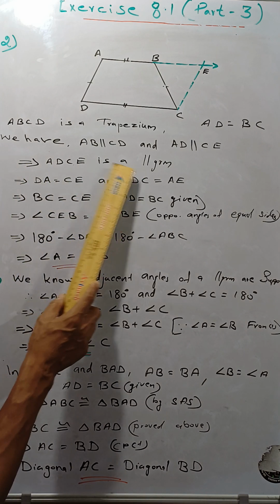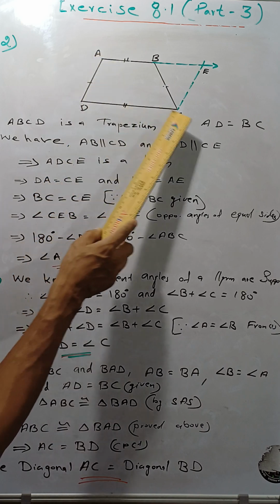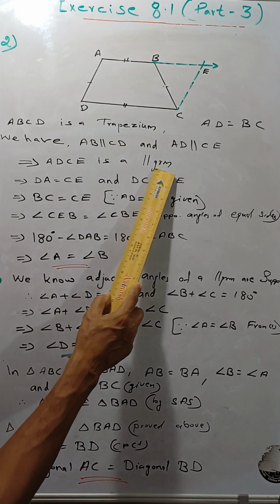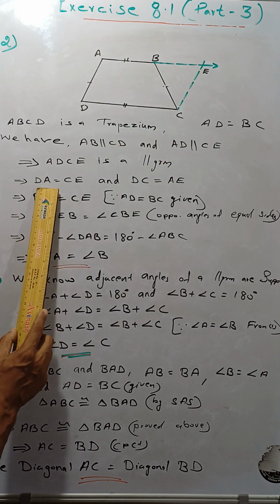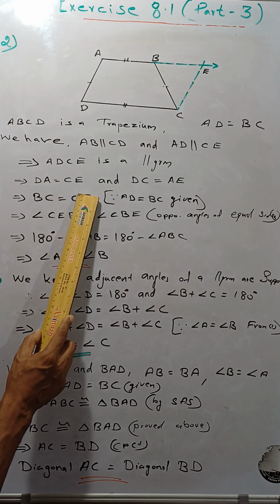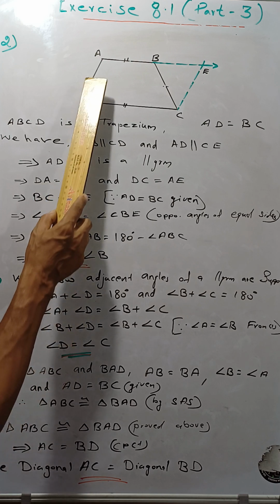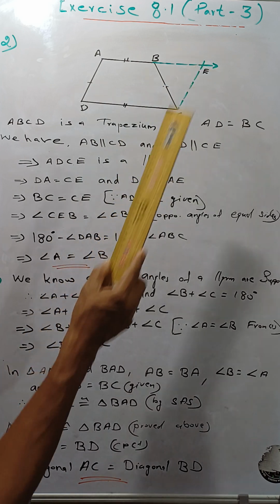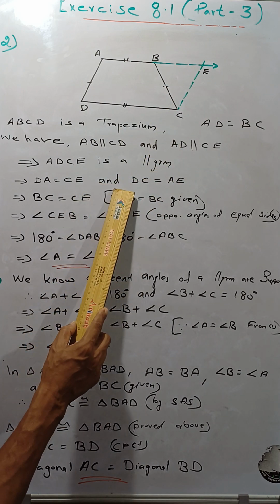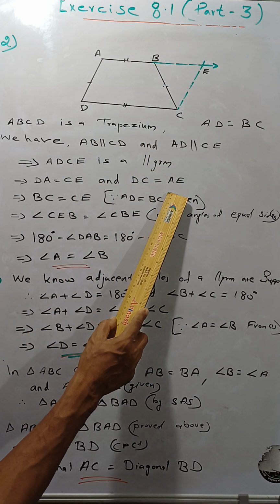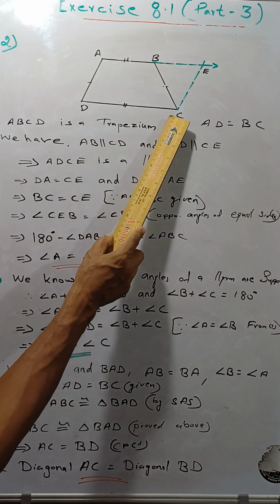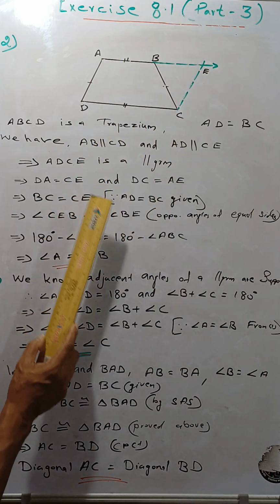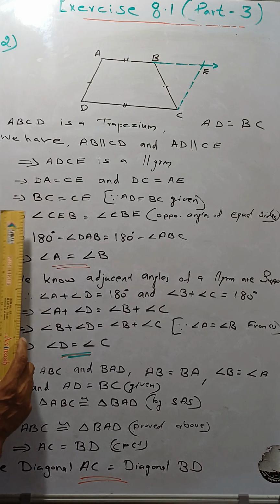Therefore, we can say ADCE is a parallelogram. It gives DA is equal to CE. DA and CE are equal, and DC and AE are also equal because it is a parallelogram.